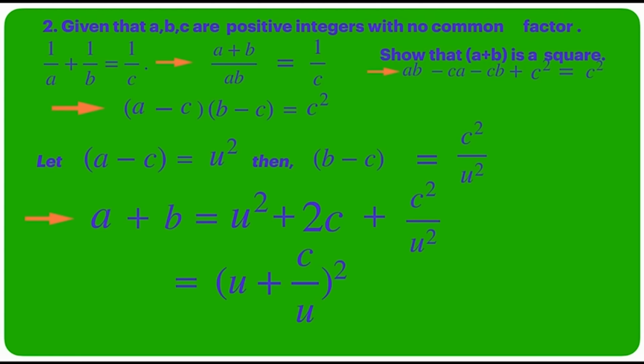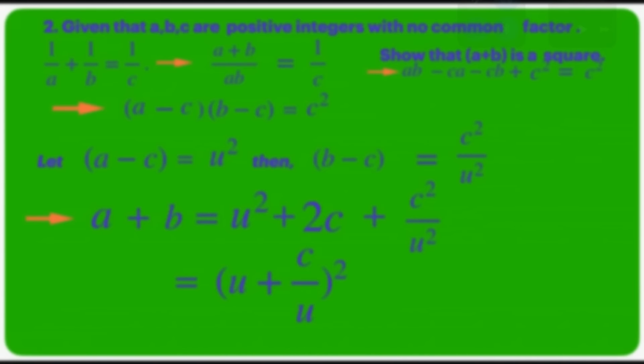So to c, sorry, so to c, so c by u is an integer. So clearly u plus c by u is a positive integer, and so u plus c by u whole square will be a square of an integer. So now today's second problem is solved, and it is proved that a plus b is a square.